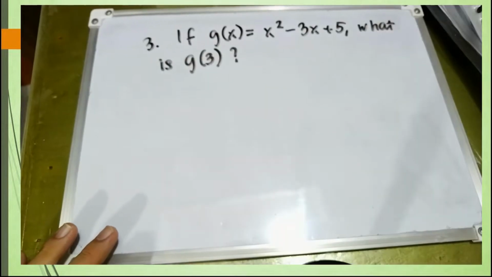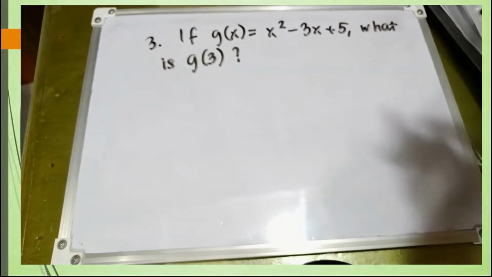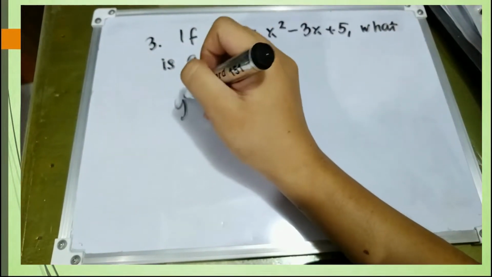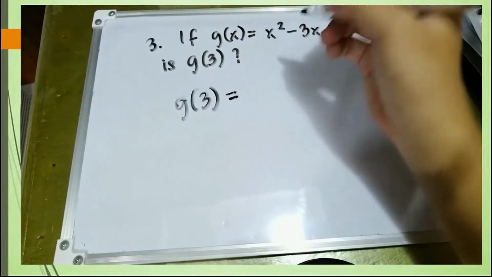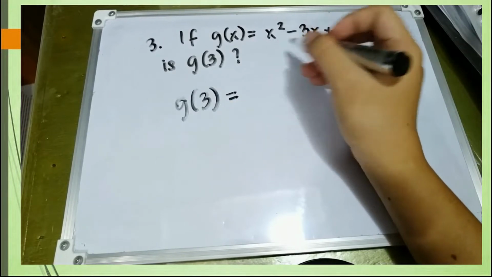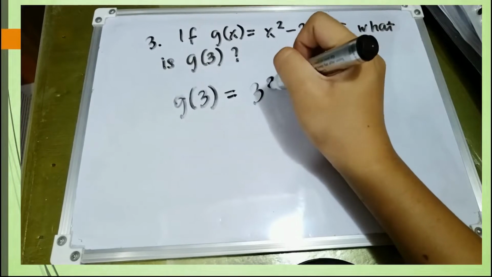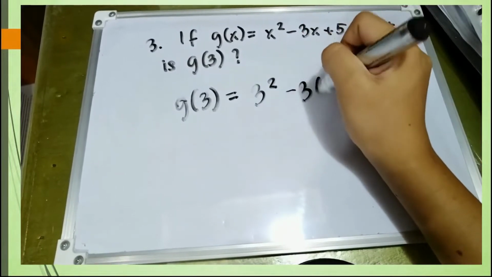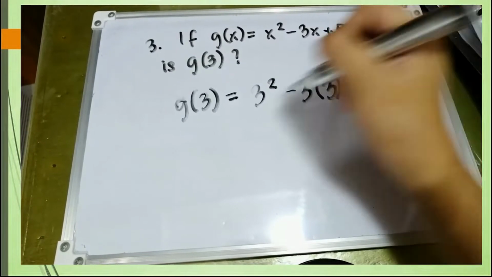For number 3, if g of x is equal to x squared minus 3x plus 5, what is g of 3? So g of 3 would be, you're going to substitute 3 to the x. So that would be 3 squared minus 3 times 3 plus 5.